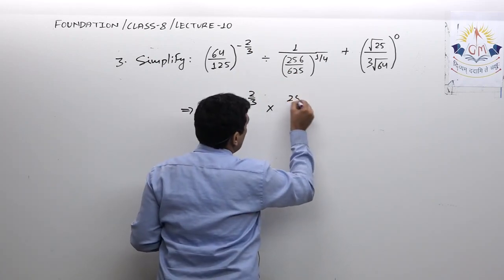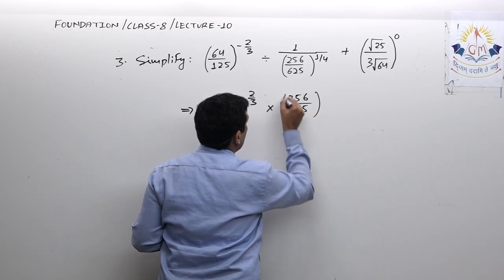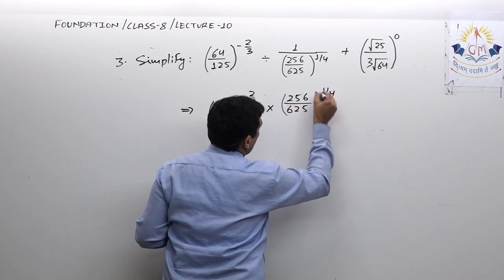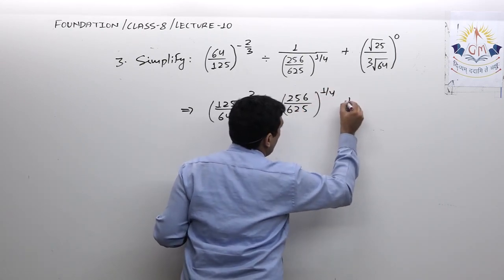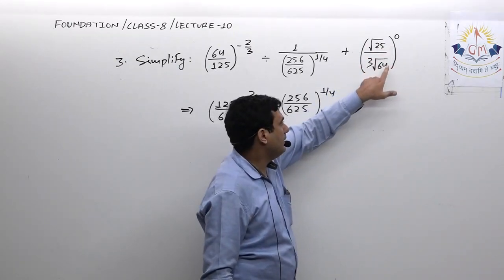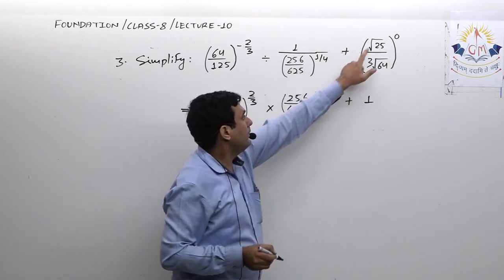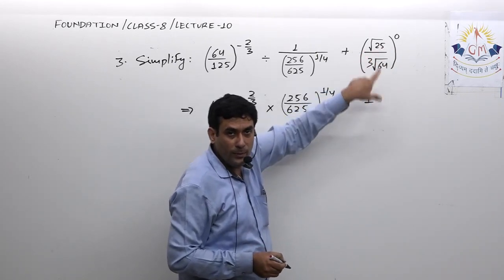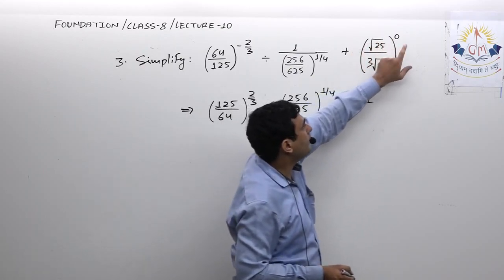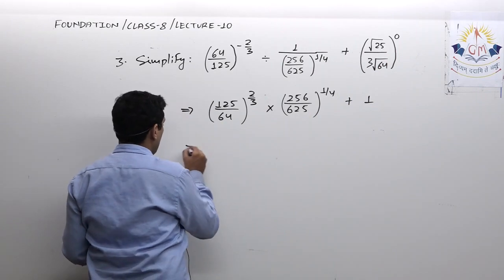So here I will get 256 upon 625 raised to 1 by 4 plus, and since this last term is raised to 0, it should be 1 only. No need to simplify the numerator and denominator individually, because raised to 0 is going to give you 1 only.